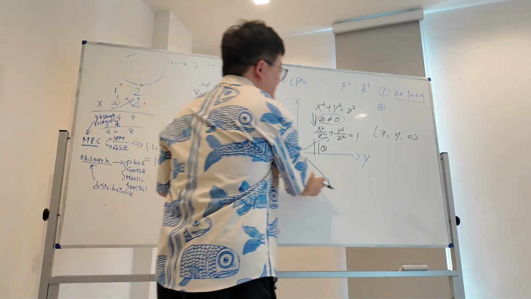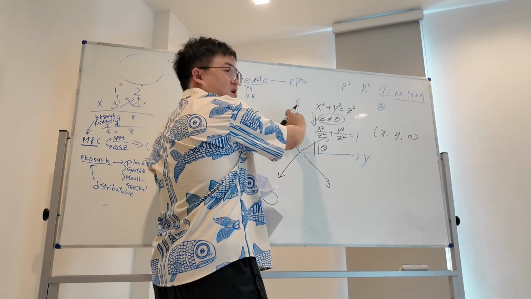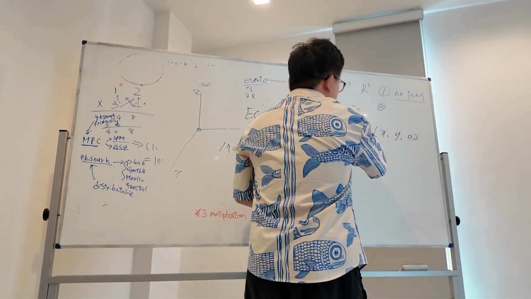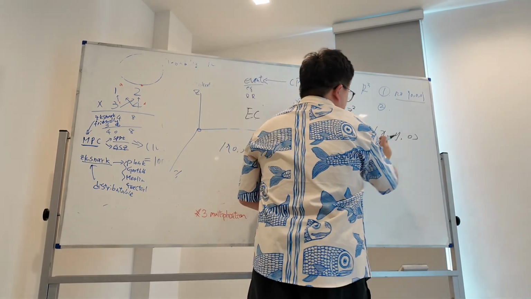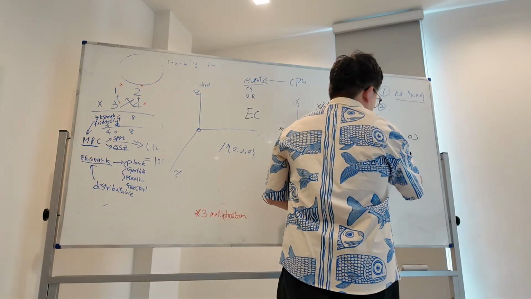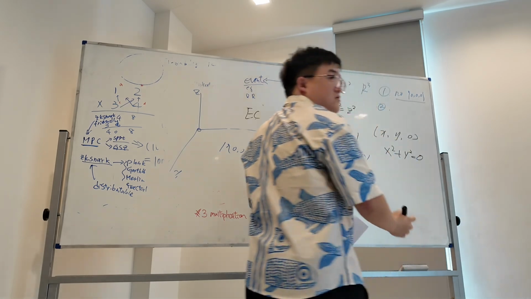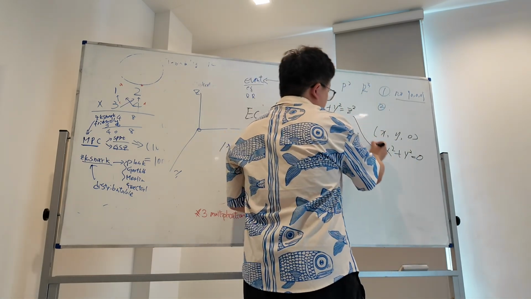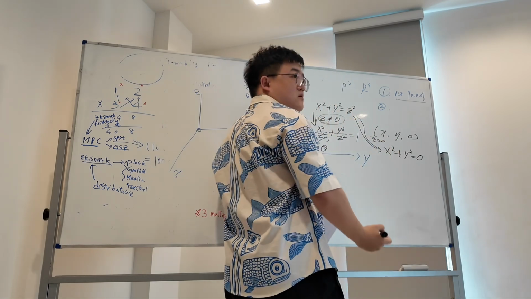Okay, so now that's the cut part, right? Now we want to calculate the result with this one and this one. So we let z equal 0. We have x squared plus y squared equals z, right? So here we let z equal 0.